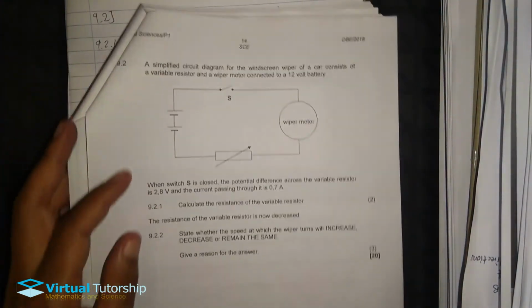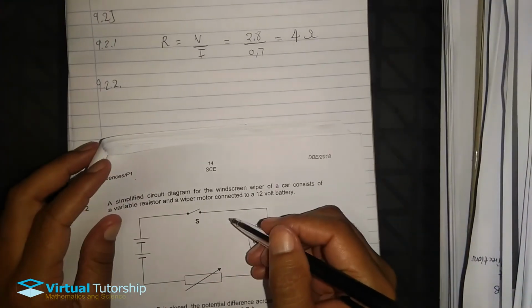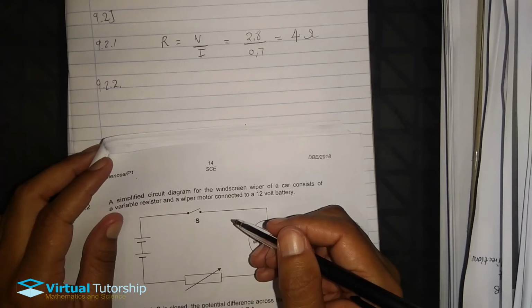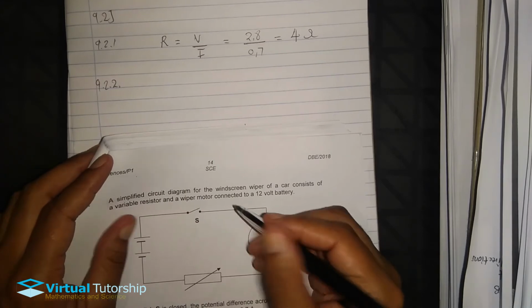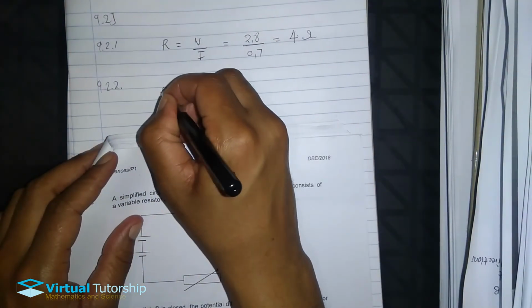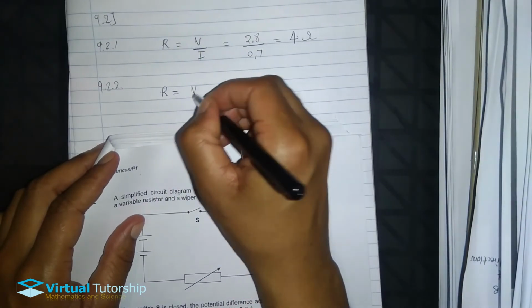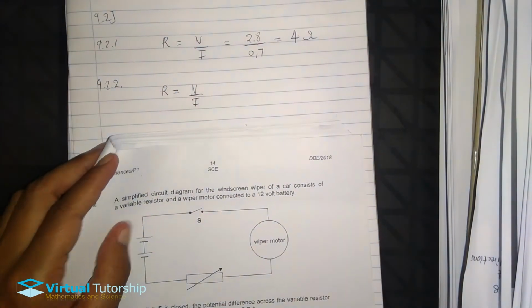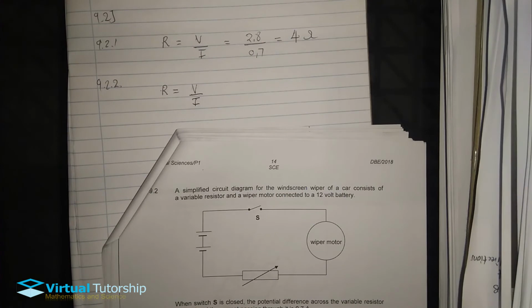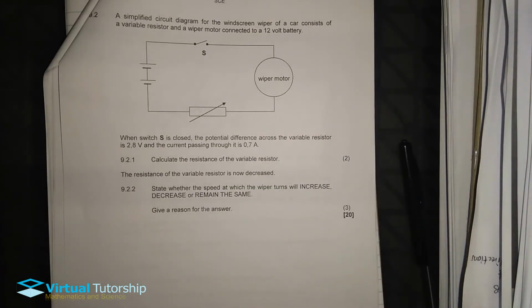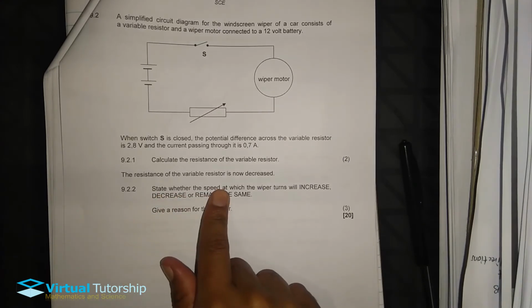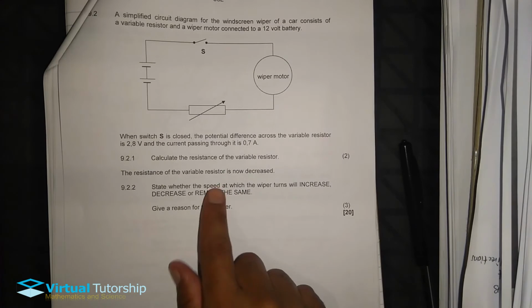For questions like these, you need to look at your formula and check the relationship of the quantities they ask about. They say speed, so what influences speed in this case?